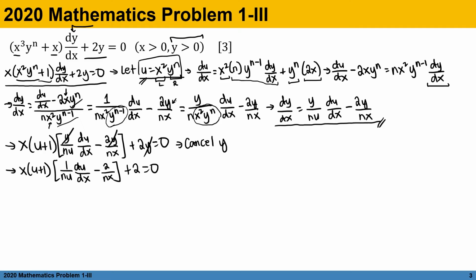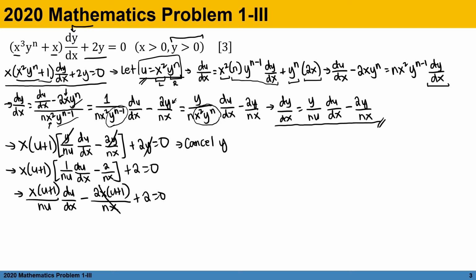Next, let us rearrange and distribute the expression. So we have x times u plus 1 over nu du over dx minus 2x times u plus 1 all over nx, plus 2 equals 0. You can see that x will cancel.